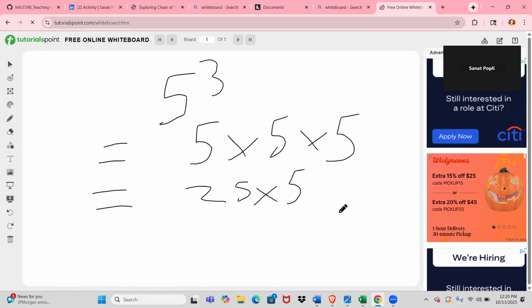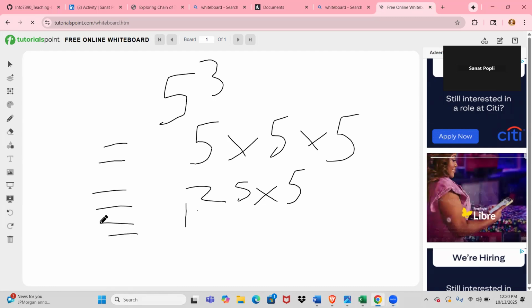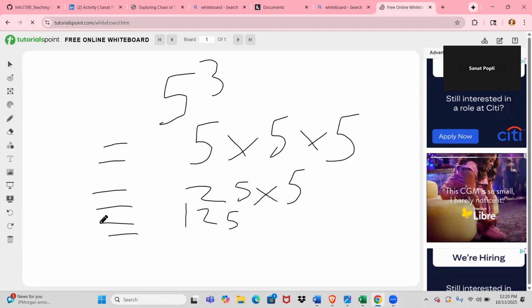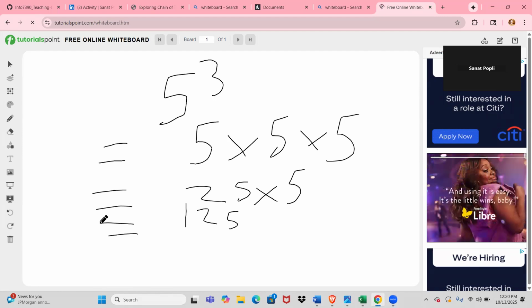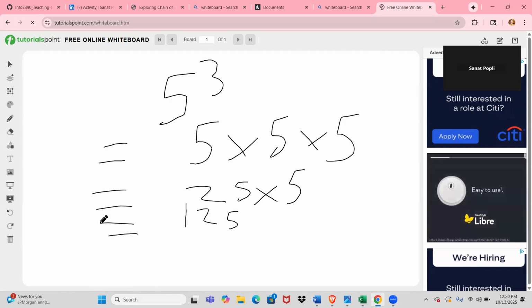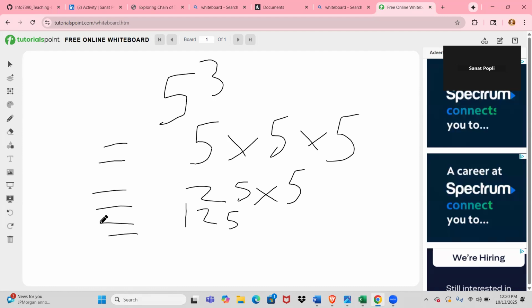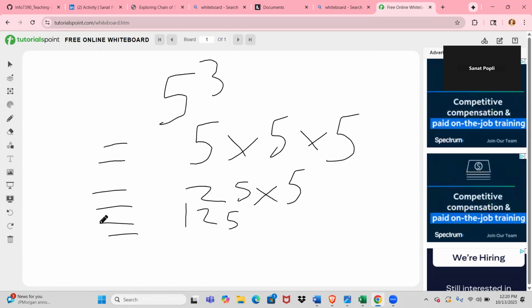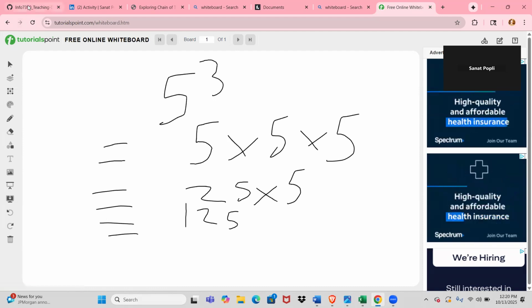And after that, what would be the final answer? It's 125. So we have followed a protocol which we call chain of thoughts, which is a very important concept of learning AI because it is one of the nine pillars of AI. So that's how we get the answer through chain of thoughts.